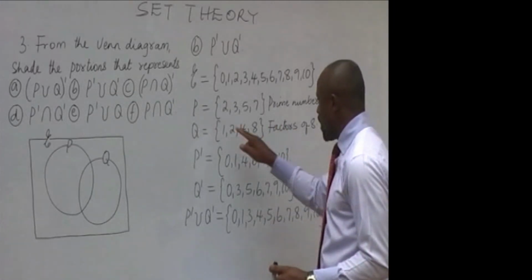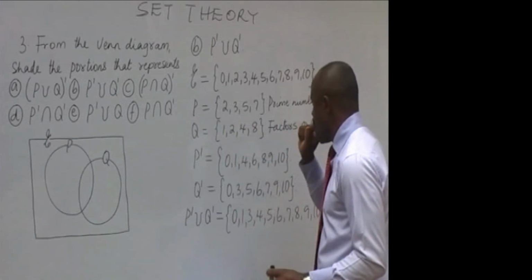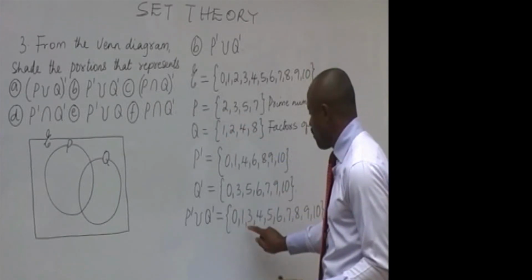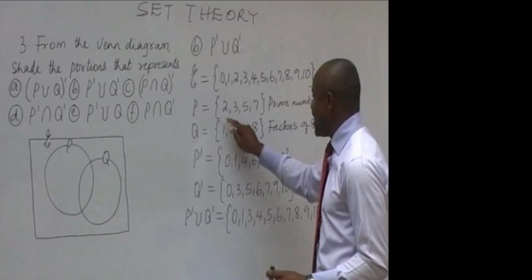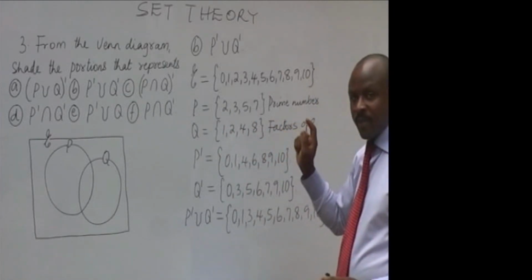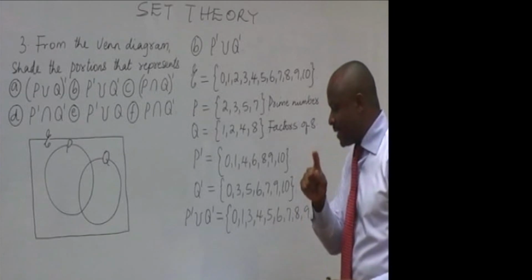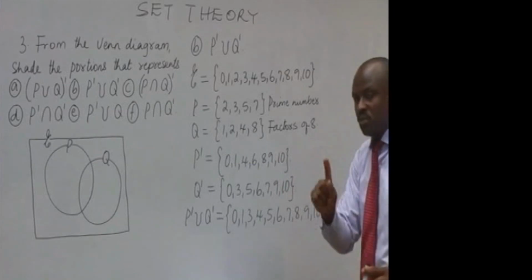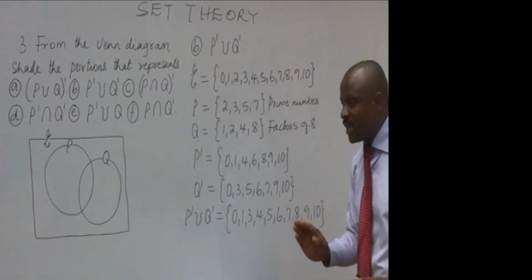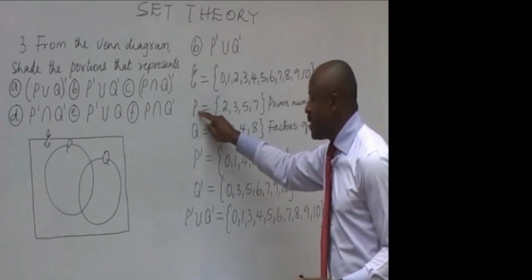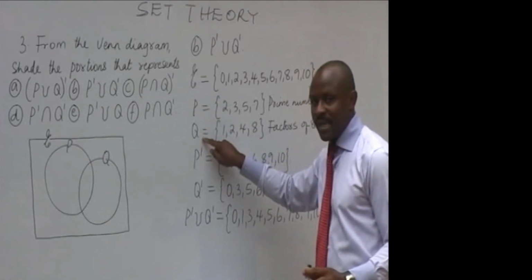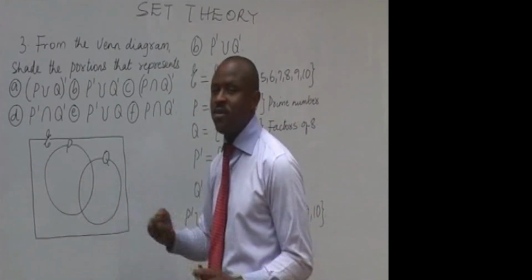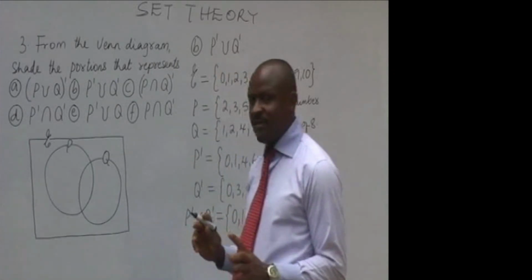Go to the relationship between P and Q. You find out that P and Q has that 2 that you're looking for here as P intersection Q. So the idea is, since P prime union Q prime does not have 2, and 2 is P intersection Q, that means if you come to the Venn diagram, avoid P intersection Q. It's a very simple thing.